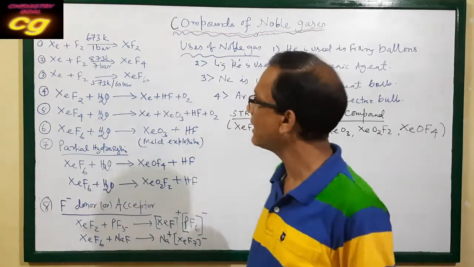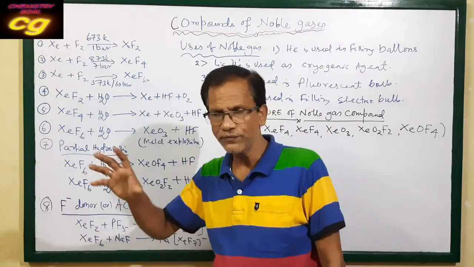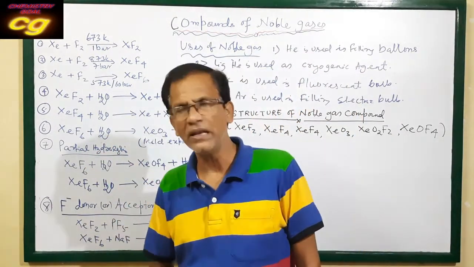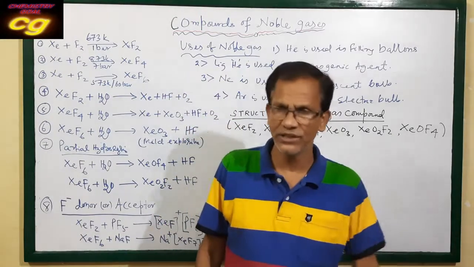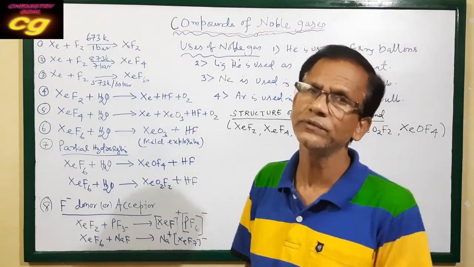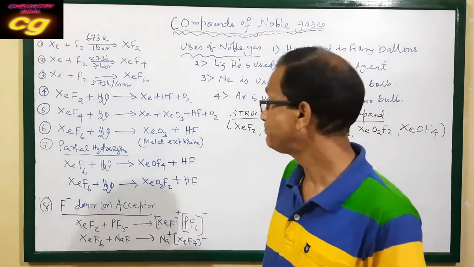These are the different types of xenon compounds, mainly with oxygen and fluorine due to their high electronegativity.